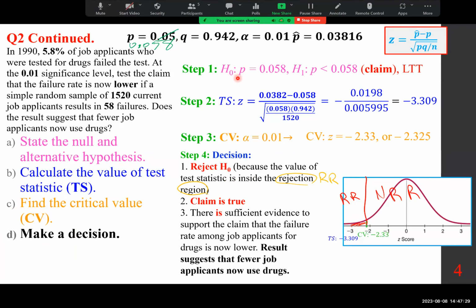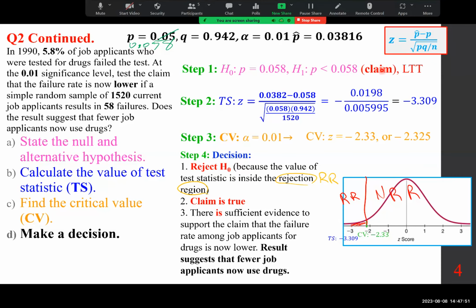So let's go back here. If you're rejecting H0, loosely you accept H1. That means you accept whatever comes with H1, which is the claim. So you're accepting the claim. That means the claim is true.